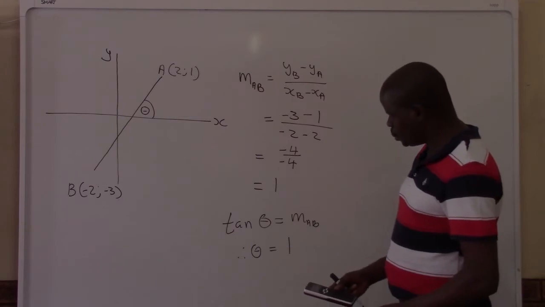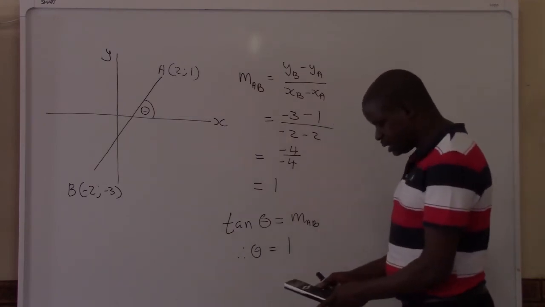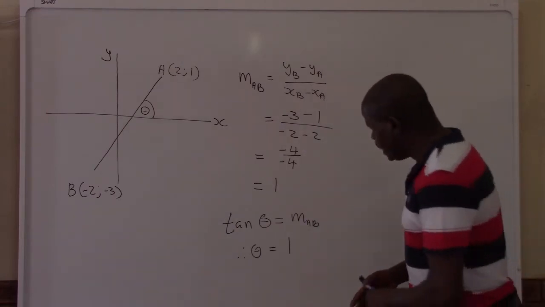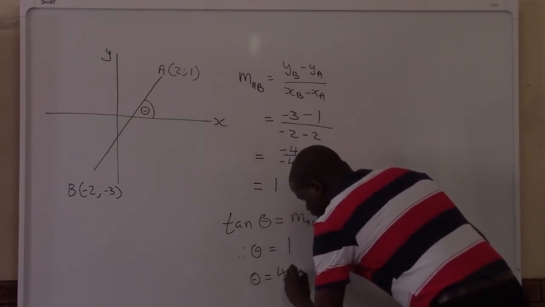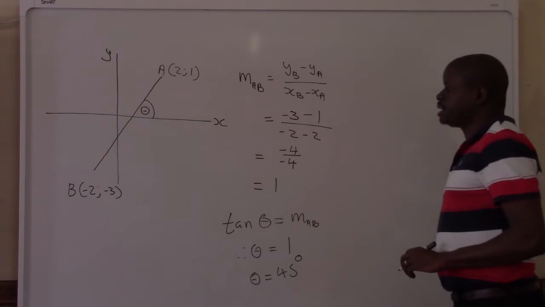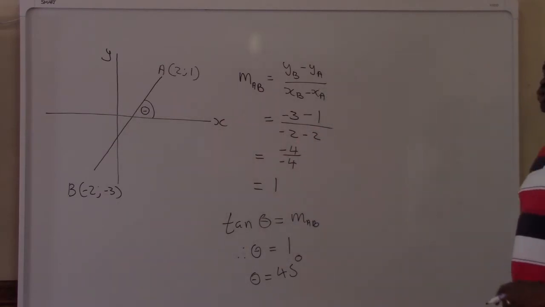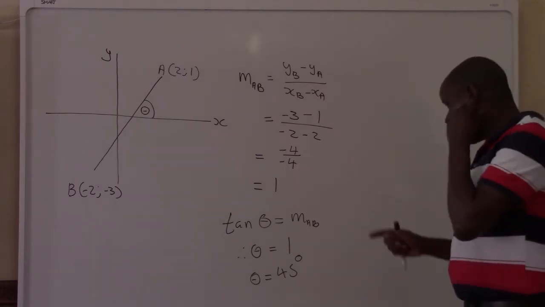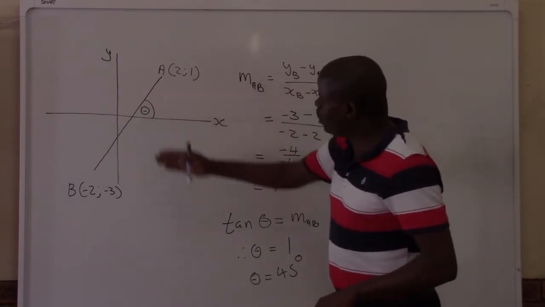You write tan inverse, then press the value of the gradient, in this case 1, and then equals. Here it has given us that angle theta equals 45 degrees. So the inclination there is 45 degrees. That is how we calculate the angle of inclination.